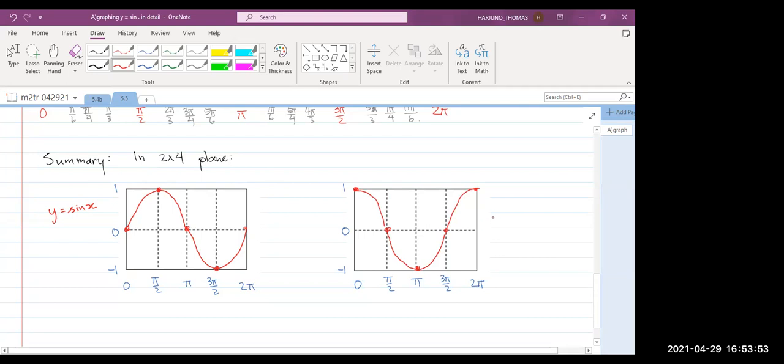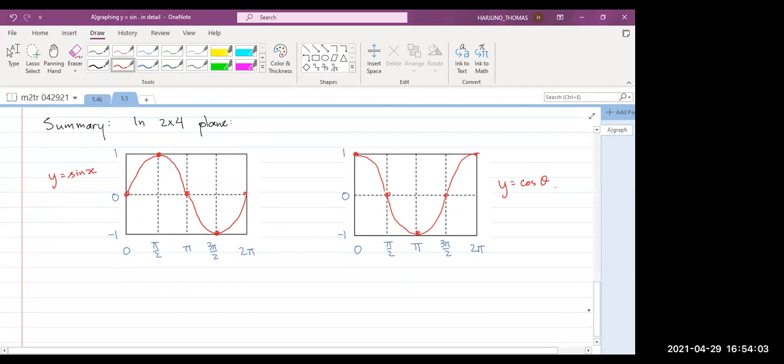Okay, this is y equals cosine theta. In both cases, sine and cosine, besides where it starts and the shape of the graph, we have the following: the centers are both 0.